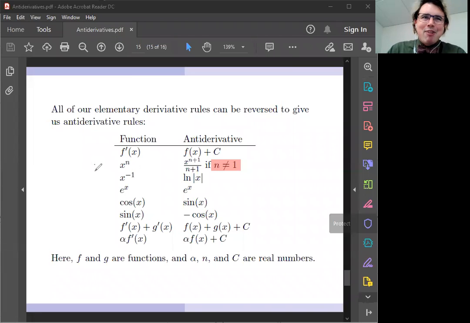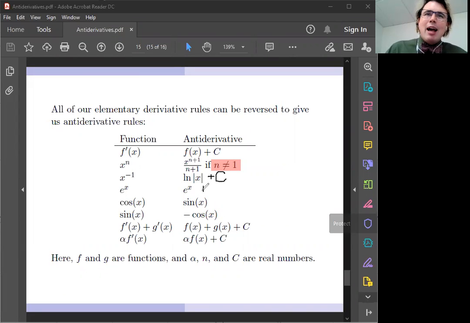It might be more obvious if I write this out differently as 1 on x. Oh yeah, that's the derivative of the natural log function. Okay, so because I know the derivative of the natural log function, that means I know the antiderivative of x to the power -1.